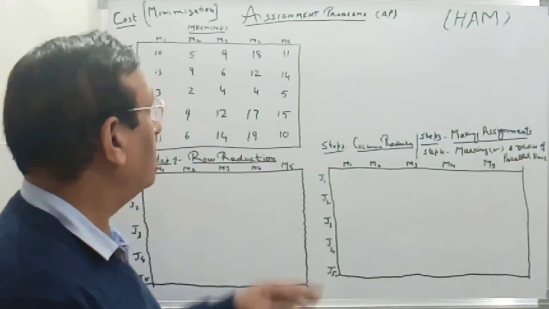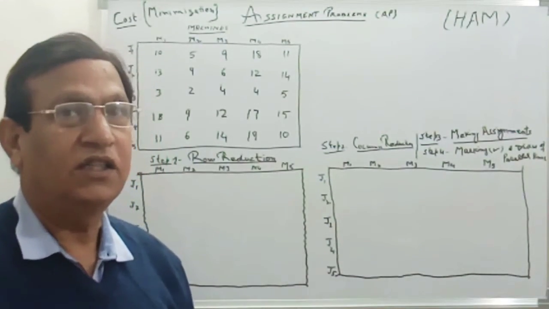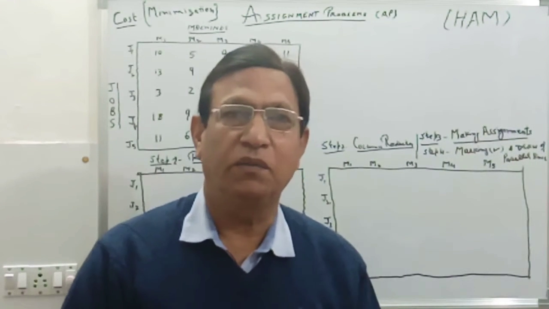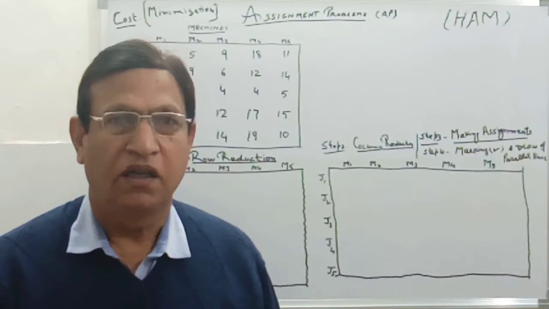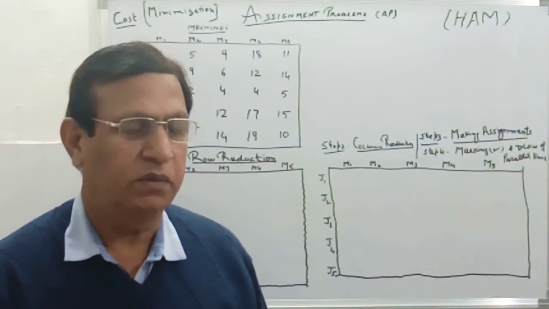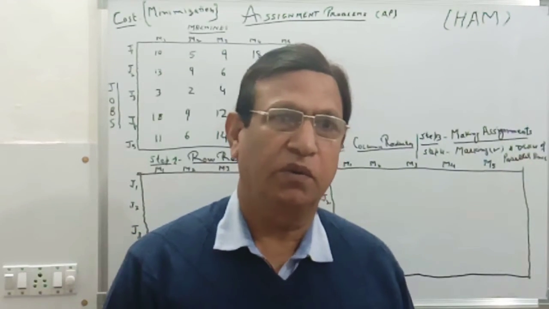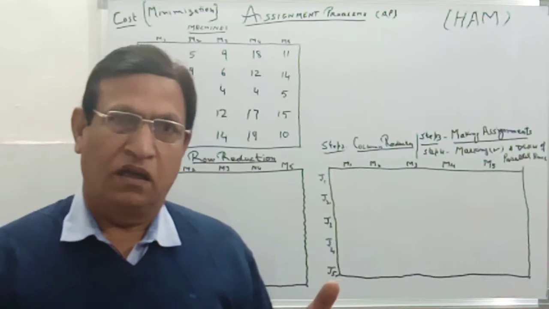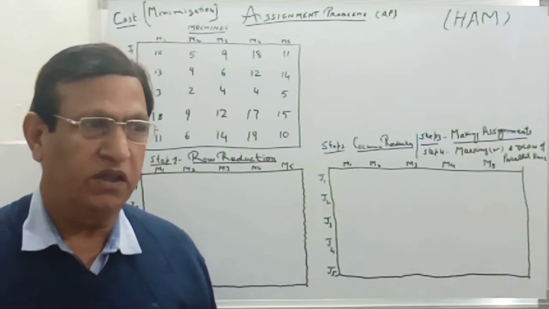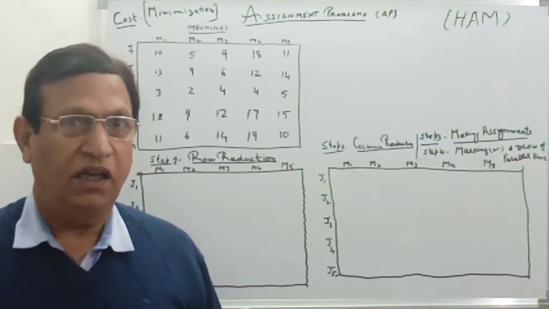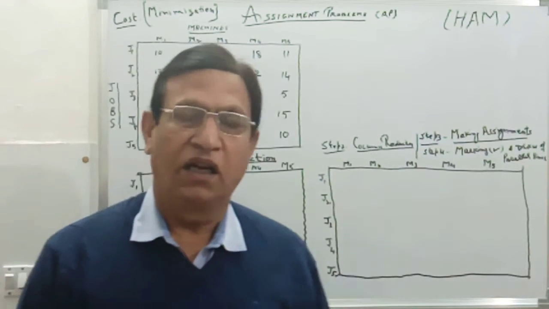So problem means it is not one problem. Assignment is of different types of problem, such as minimization problem, maximization problem, unbalanced problem, salesman problem, restrictive problem, air-crew problem, and many more.